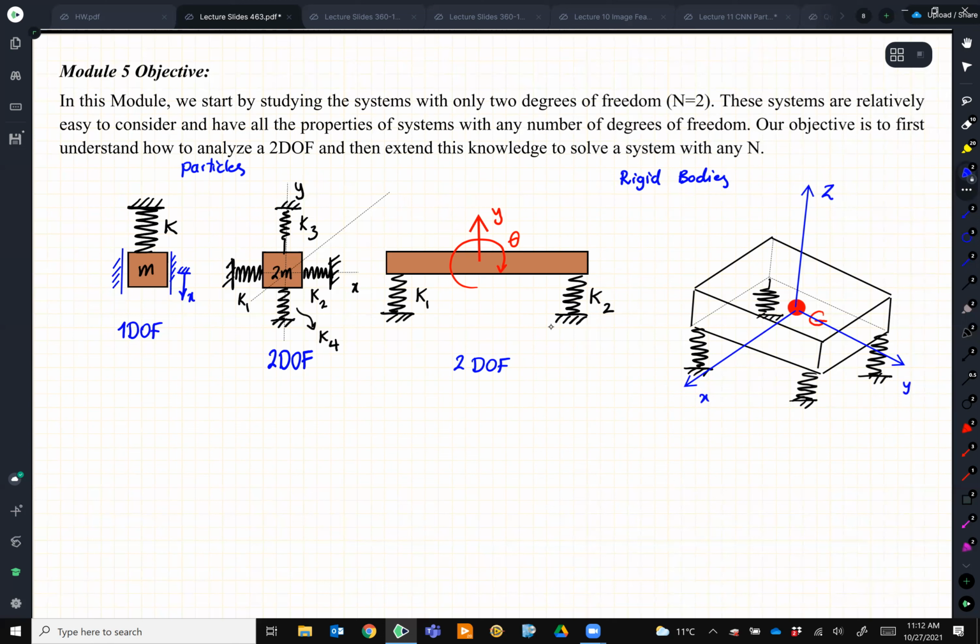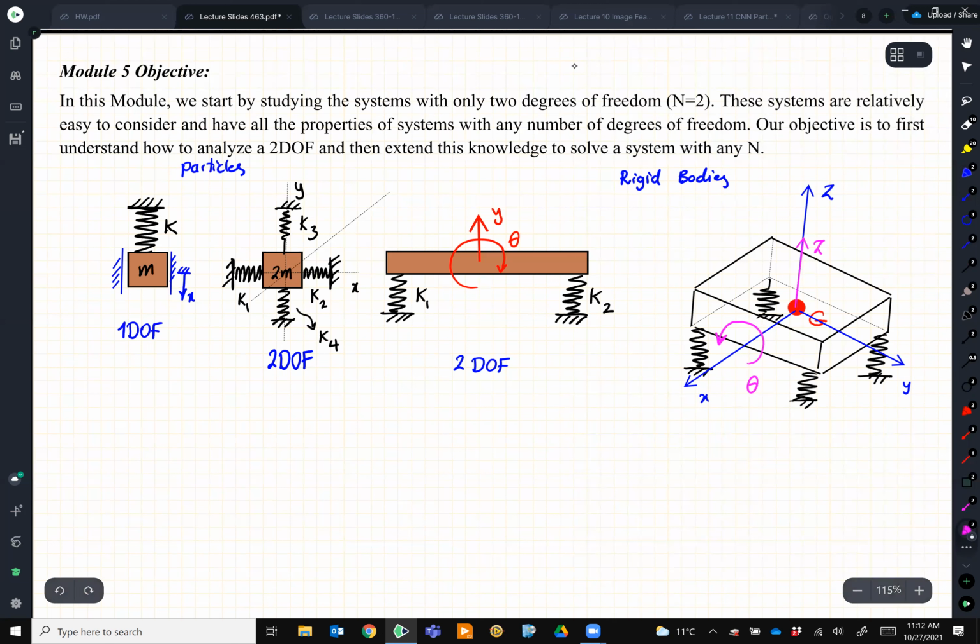But let's say when we put it on these 4 springs, we are only interested in its motion moving up and down. So I would say it has 1 degree of freedom going up and down. So let's call that one Z, like the variable that we are going to discuss. It can rotate about X. So let's call that one maybe theta.